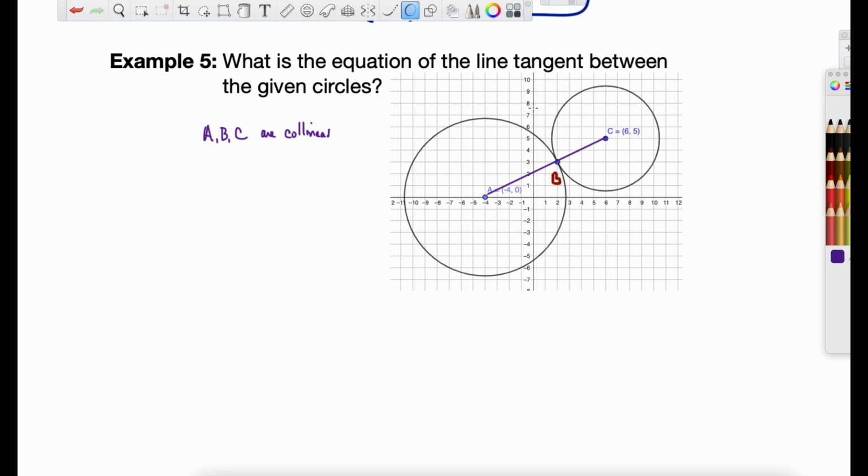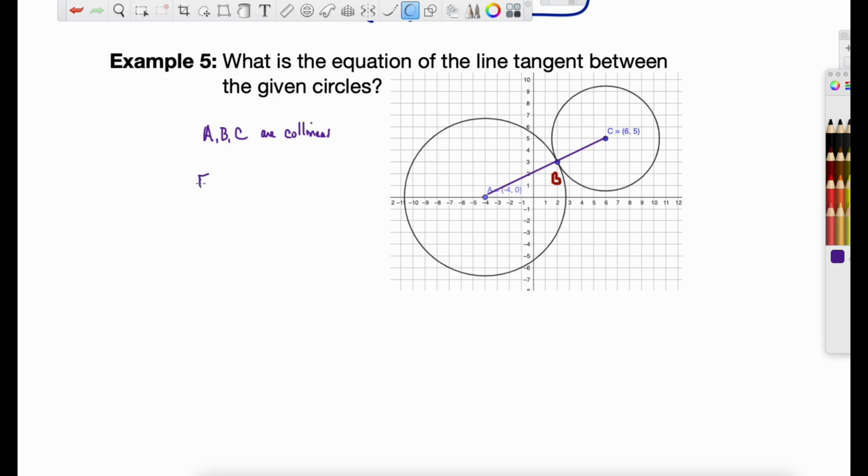So how do we get the tangent line? Well, AB is a radius, CB is a radius. The tangent is going to be perpendicular to both of these radii, right? Tangent line is going to be perpendicular. So how do we draw a line that goes through B that's perpendicular to this segment AC?